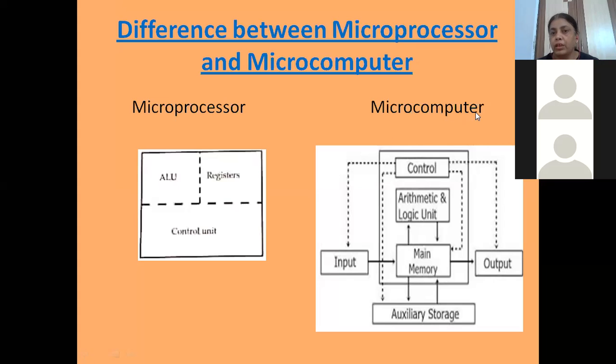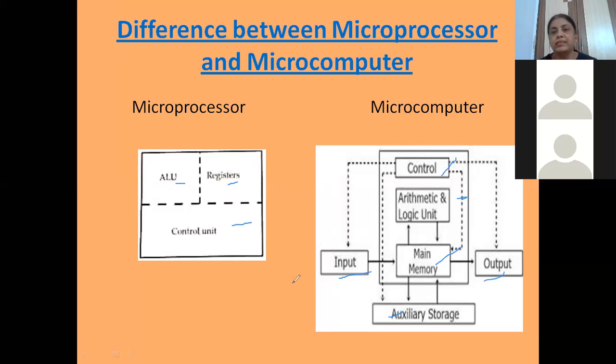But microcomputer, in this, see, this is ALU. This is register, which here you can say it is a higher main memory. Control unit. So what about this input, auxiliary, output? These are called peripherals that should be connected, so that then only it will work properly.